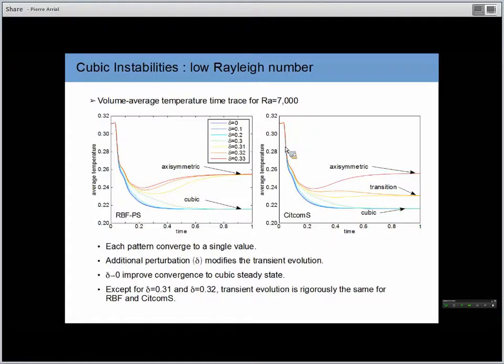Another particular aspect that we tried to use in this comparison is adaptive mesh refinement. On this figure you can see an example of the refinement that we obtained for a model inside the sphere. If you want more information on ASPECT, you can visit one of these two websites.